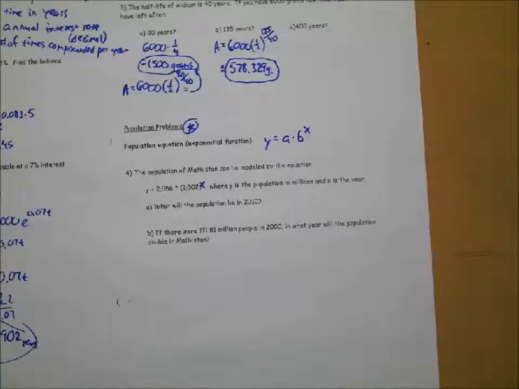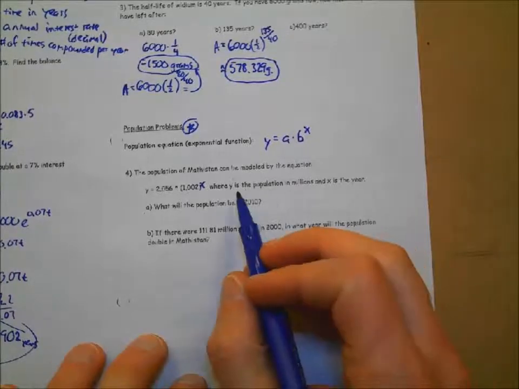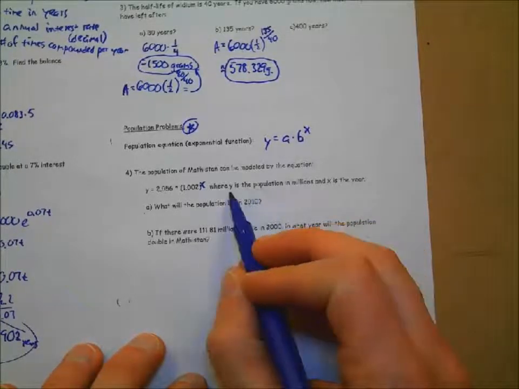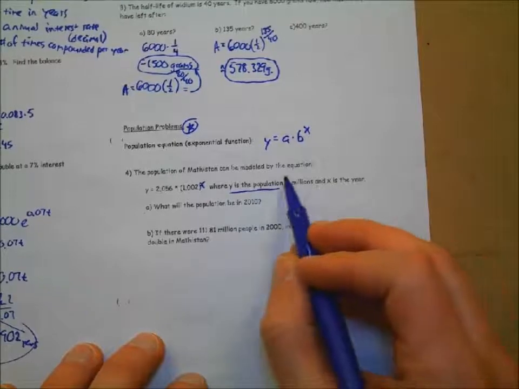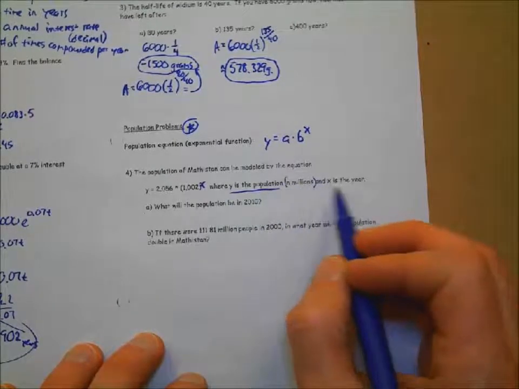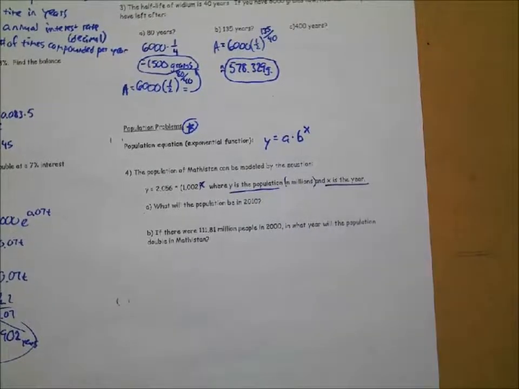Well, remember here, in this scenario, y is the population in millions, okay, x is the year. So 2010, if we want to find the population, that means we're solving for y, and 2010 then is in x. So we're going to plug 2010 in for x.